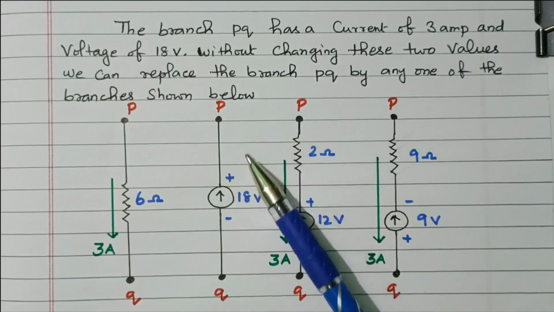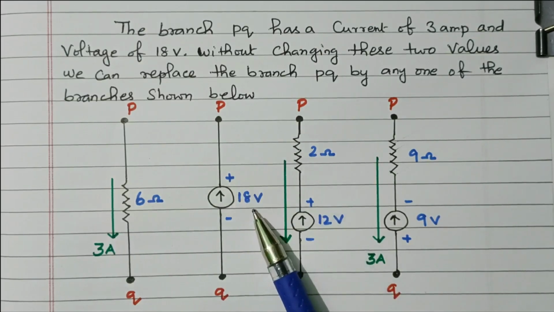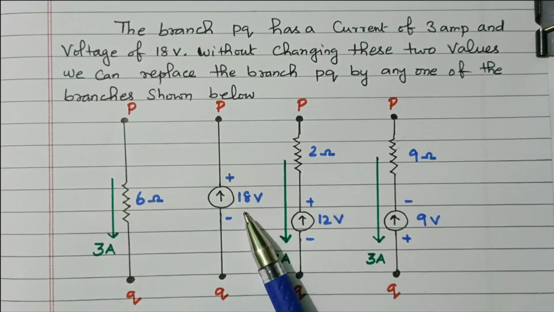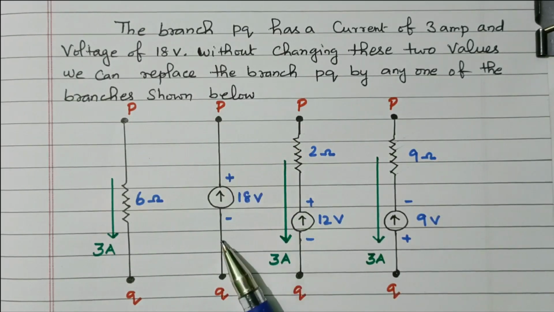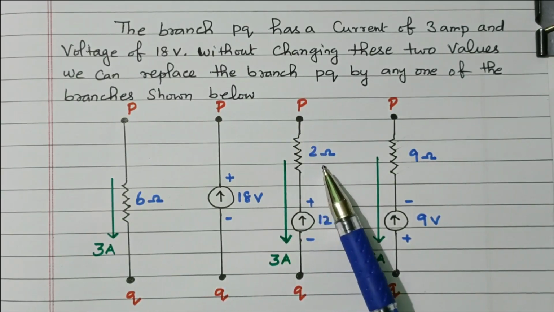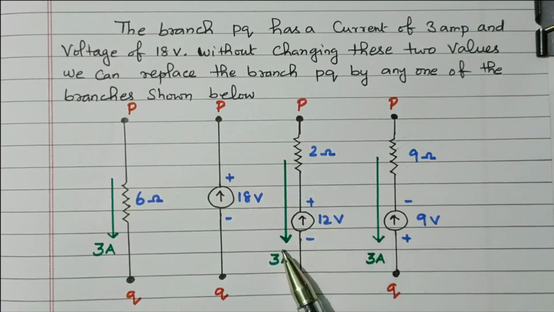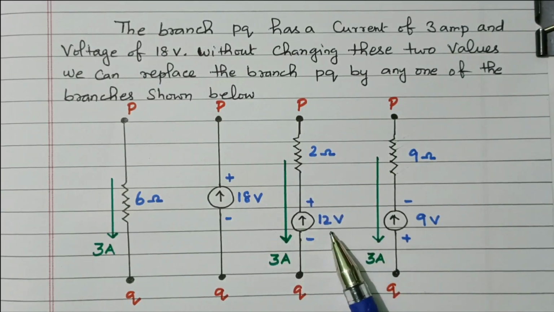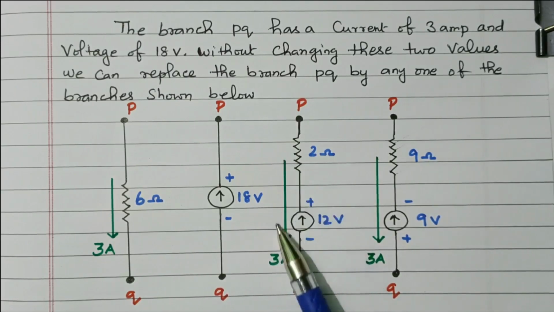So we can directly replace it with an 18 volt source, and the current is also 3 ampere. Another possibility is a 12 volt source in series with a 2 ohm resistor. The 3 ampere is flowing, so the current is maintained.